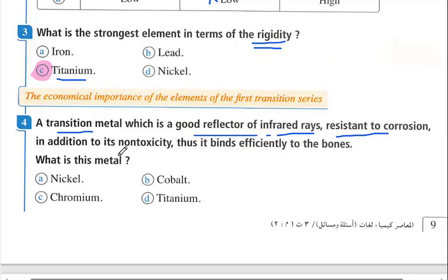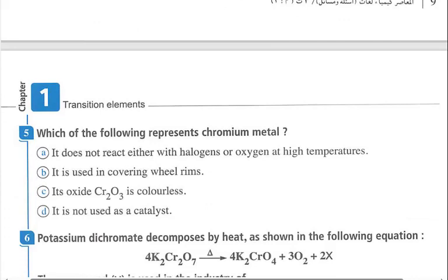Okay, in addition to non-toxicity. Non-toxicity here means it is titanium, as it binds efficiently to the bones. So binding efficiently to the bones, or non-toxicity, means titanium without hesitation. Okay, let's have another question.